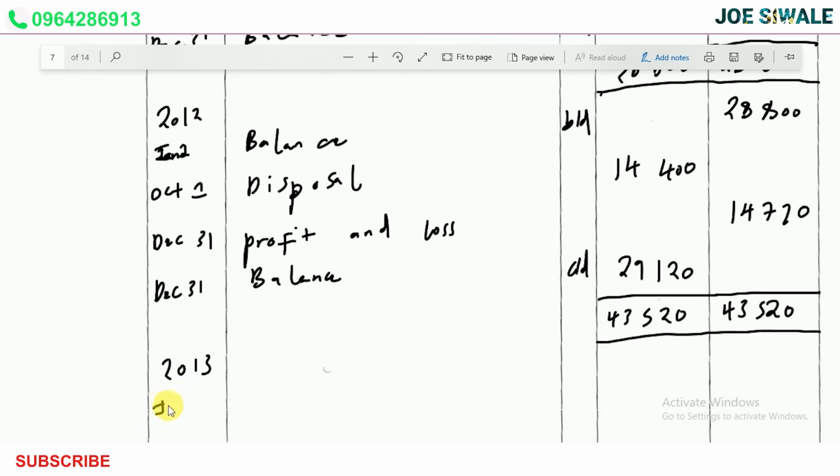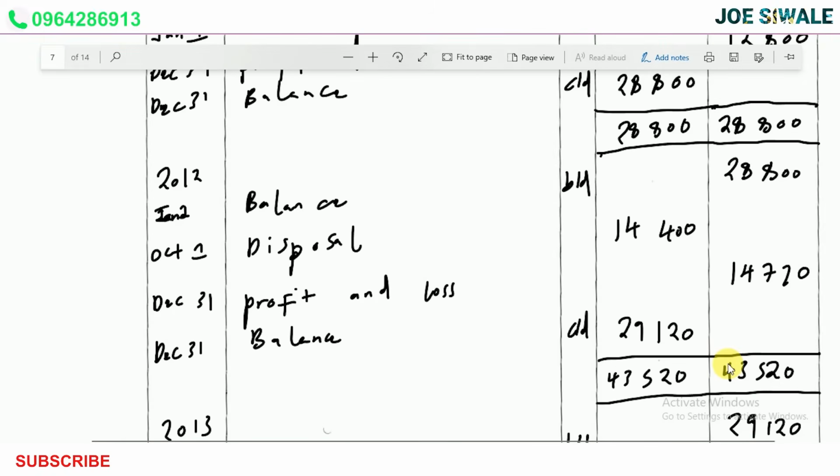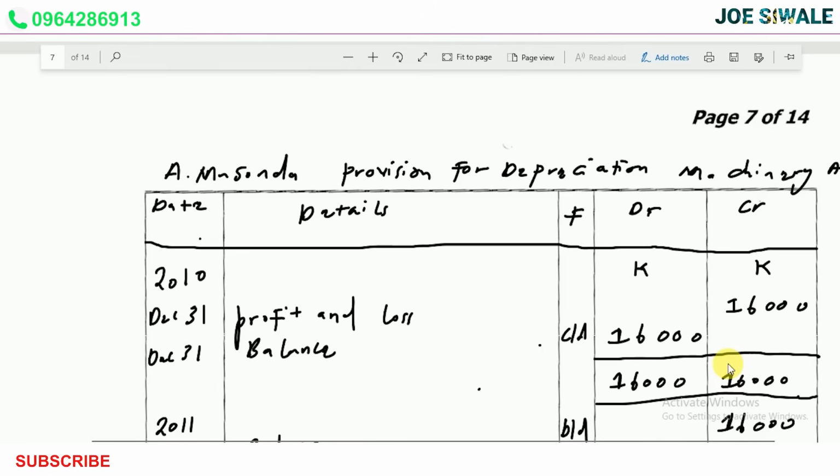It's going to be on the 1st January there. So we're going to say balance brought down as 29,120. So that's how you can write up a provision for depreciation account.